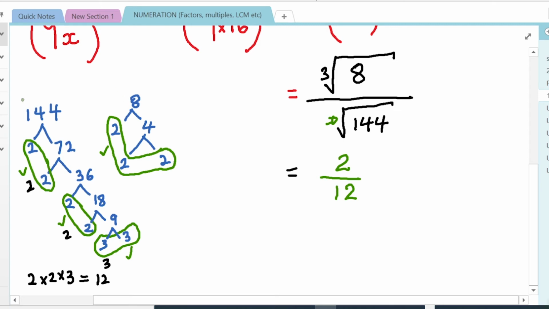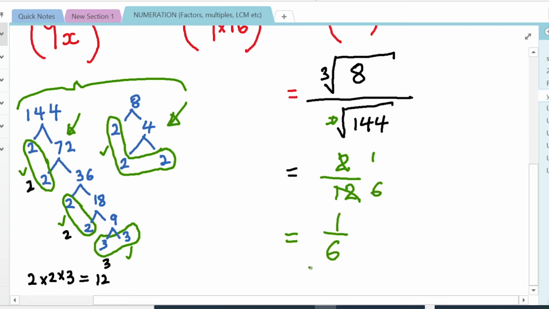So I did these workings to show you the difference between finding a square root of a number and finding the third root of a number. Here, the third root of 8, after prime factorizing, we grouped them in groups of 3, and the answer is 2. So that's how we end up with 2 over 12, and that is going to become, by 2 once, by 2, 6. So the answer is a sixth, and that is the answer.